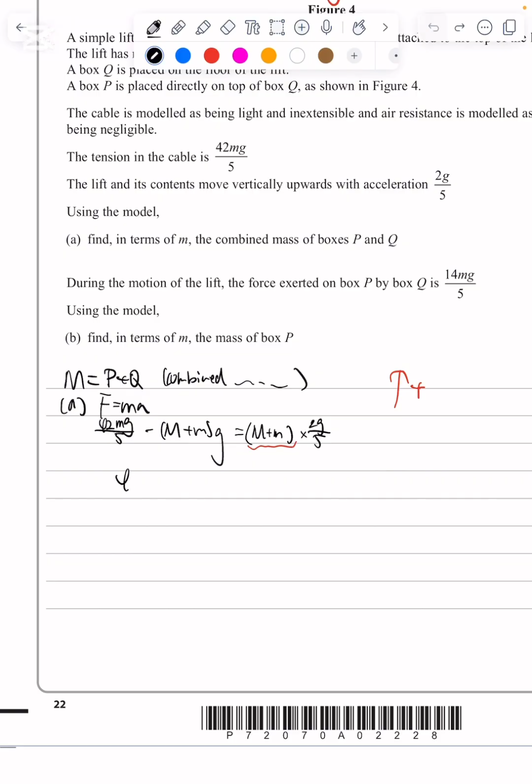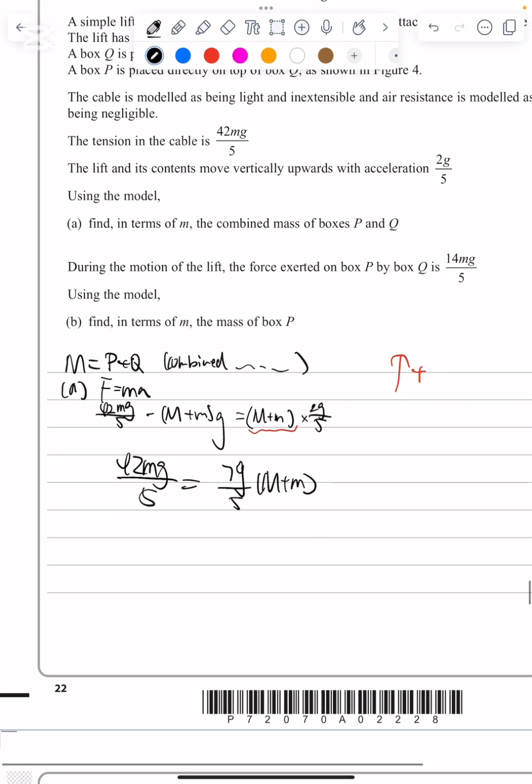So 42 small m over 5 equals 7g over 5 times big M plus small m. We can move this over here, so that would be 35 over 5, 7mg equals 7 over 5 big Mg.